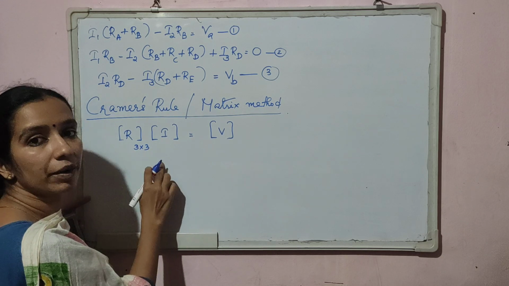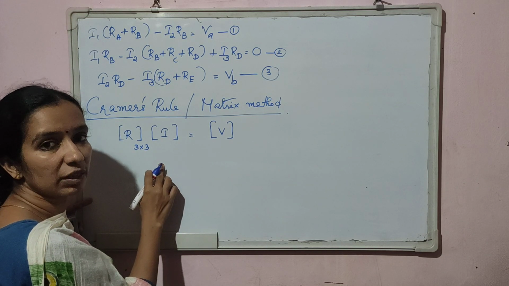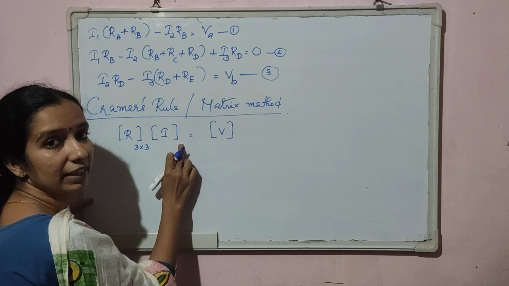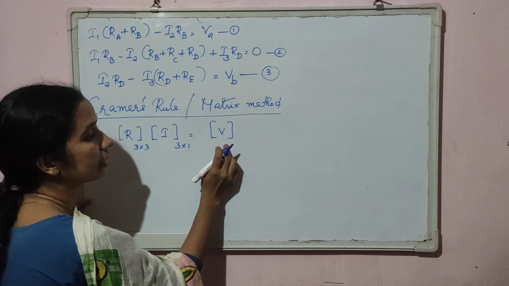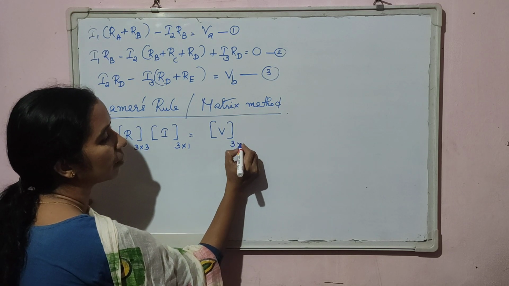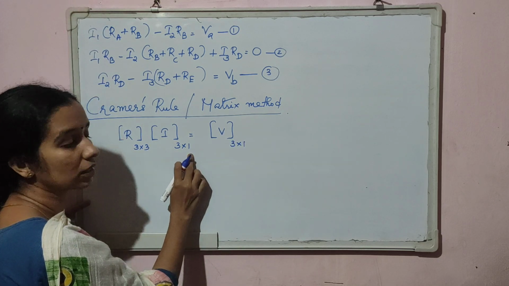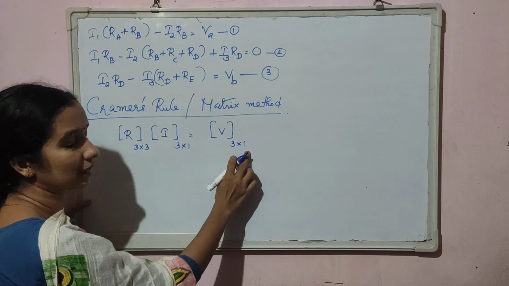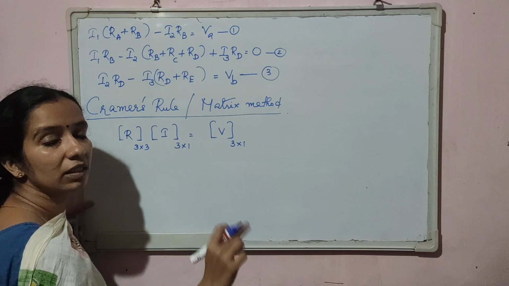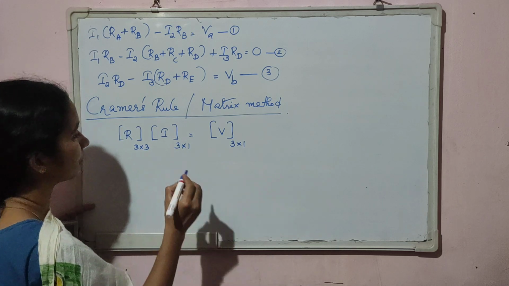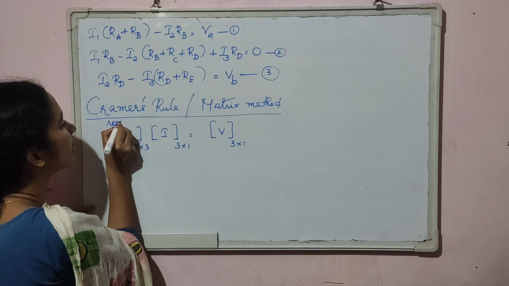So it will be a square matrix of order 3 by 3. And I is the current matrix of order 3 by 1. V is the voltage matrix of order 3 by 1. So this is a column matrix and this is also a column matrix. So this is a square matrix of order 3 by 3 when there are 3 loops. So this is the resistance matrix.